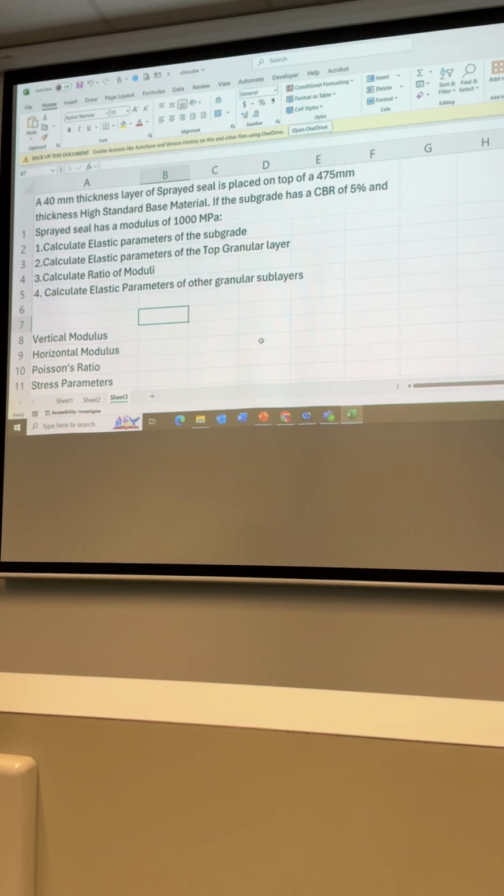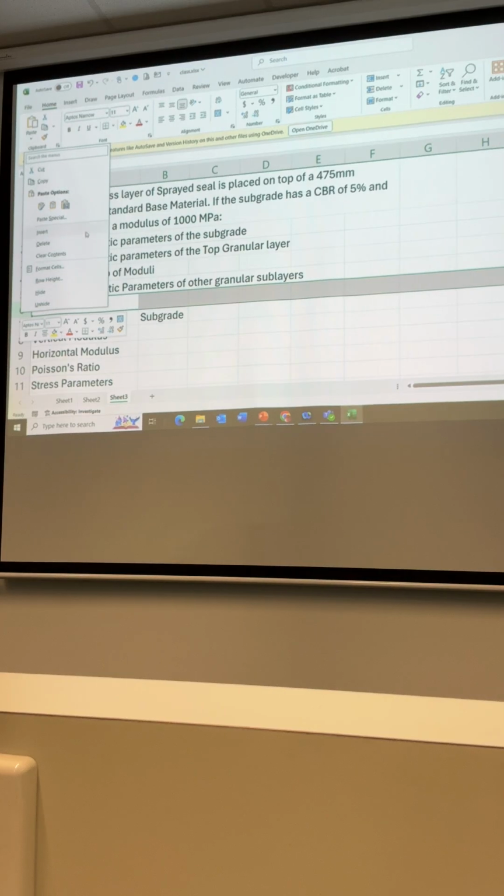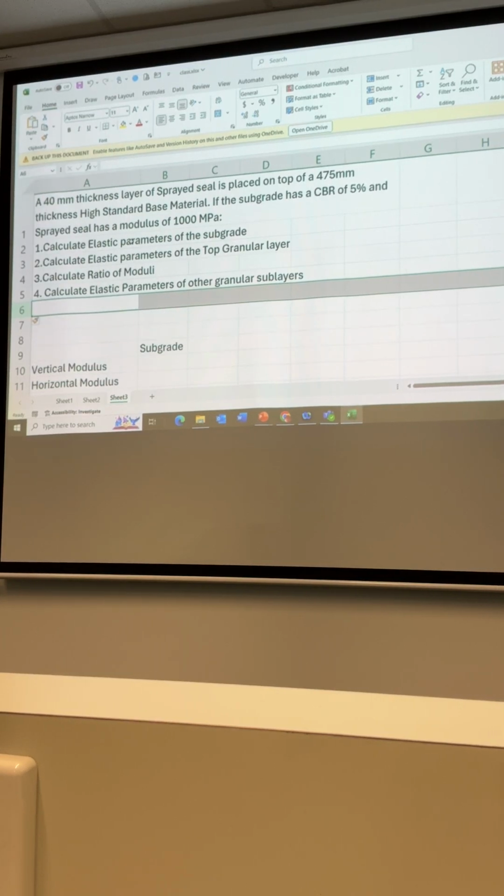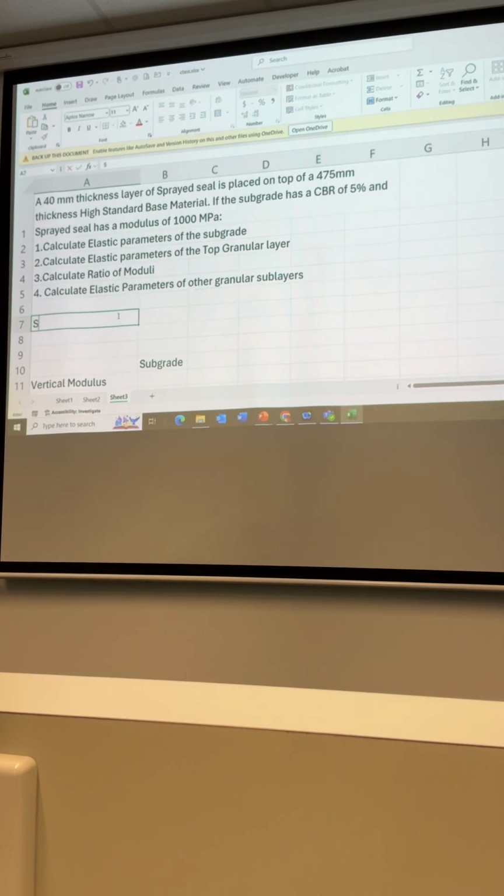Everybody there? Okay, so I'm going to type here subgrade. So I'm going to insert some cells here, and I'm going to say subgrade CBR. I'm going to put the data.